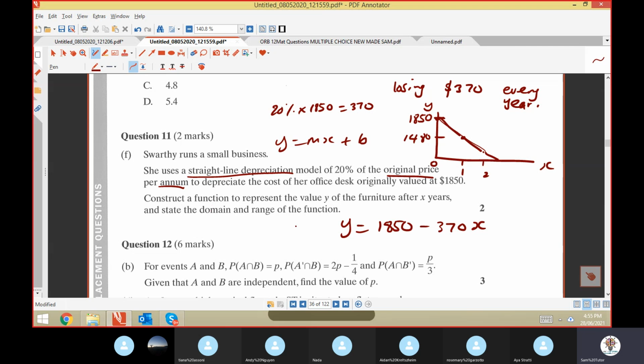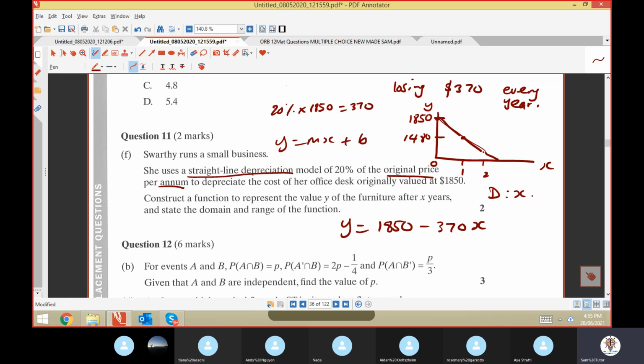And then of course, state the domain and range. That's quite simple. It looks quite simple because if you had that line, you would have said just all real x and all real y. But we know that for a particular case, it's not the situation. It's applied, right? So for the domain, you can't have x years being less than 0.